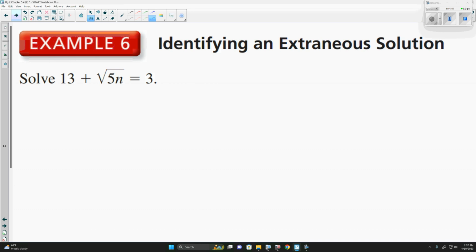We're going to look at this one next. So, looking at this one here, solve 13 plus the square root of 5n is equal to 3. Well, step one, is there one radical? Yes. If yes, then get it by itself. So what can we do to get the radical by itself?